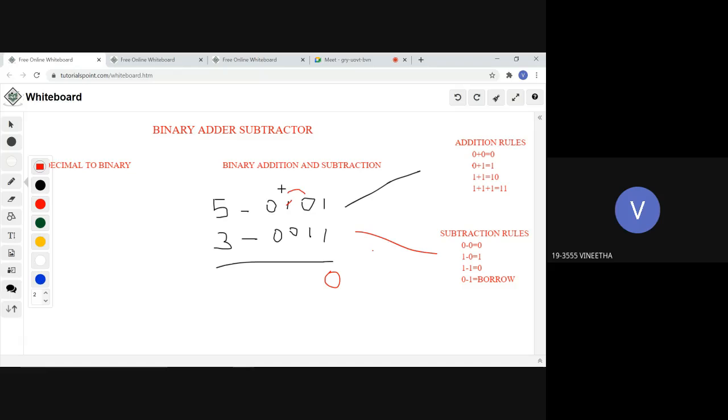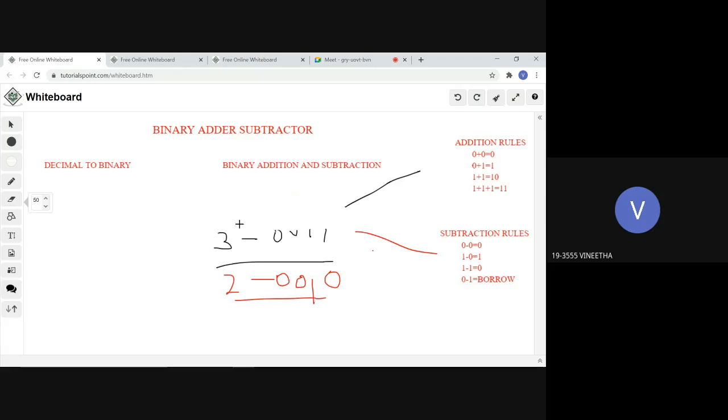That 1 is reduced to 0, and the 0 becomes 2 right now. So 2 minus 1 is 1. 0 minus 0 is 0. 0 minus 0 is 0. So 2 in binary is 0, 0, 1, 0. And this is how we perform subtraction of two binary numbers.